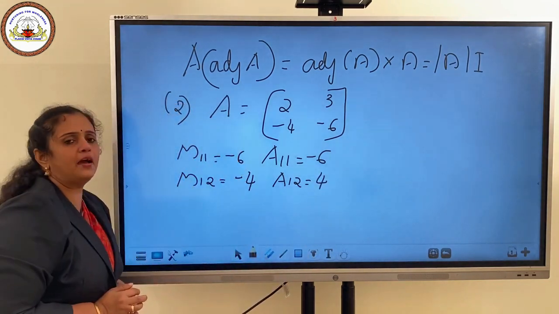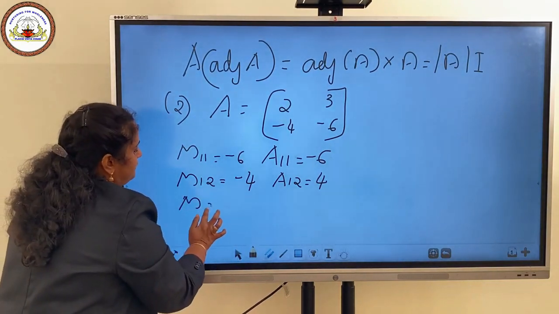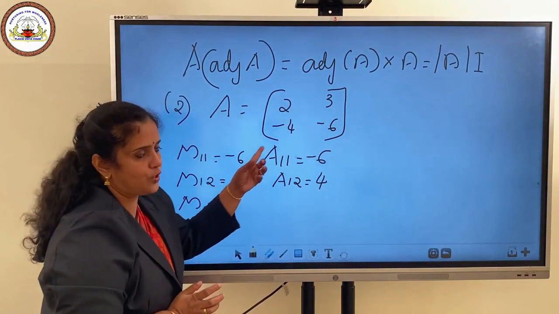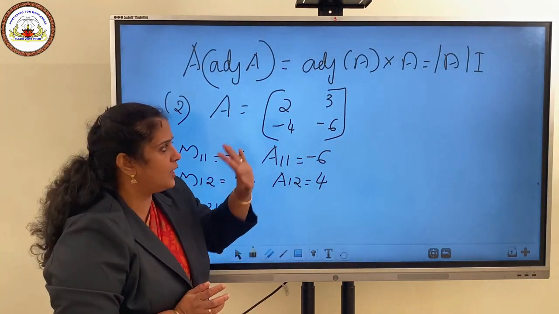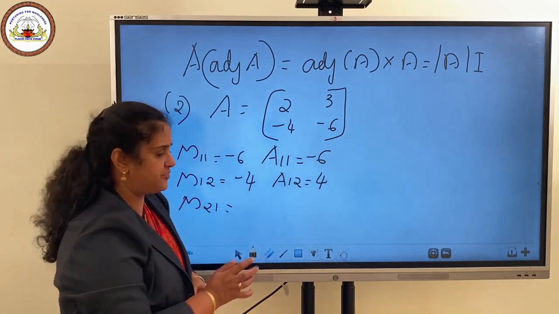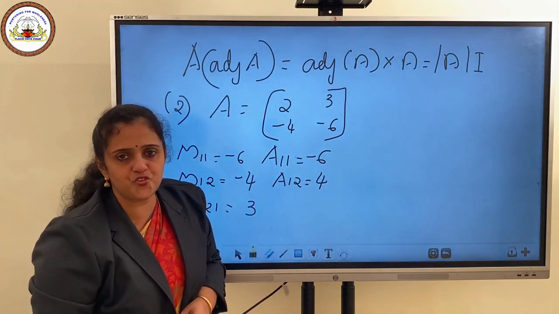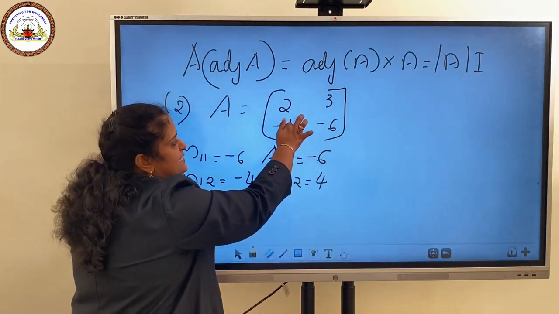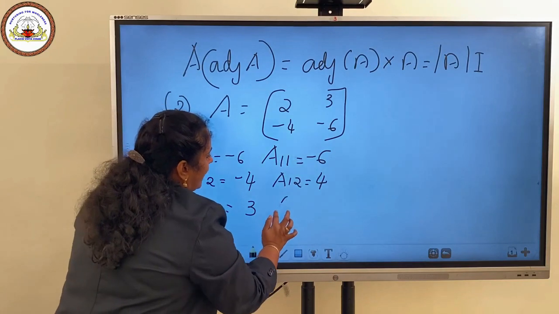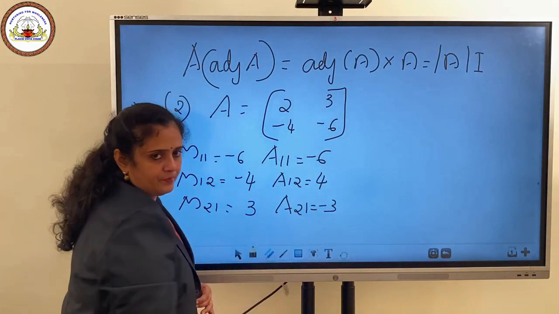Then we can find the minor of the second row, first element, M21. Eliminating the corresponding row and column, only one element is left, that is 3. The cofactor A21 is negative, therefore A21 is equal to minus 3.